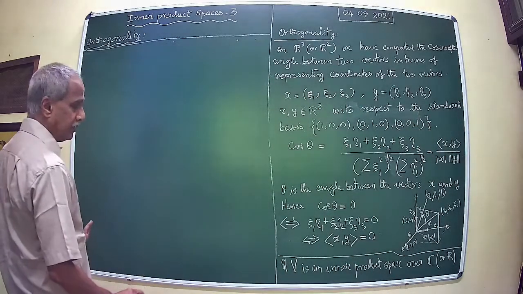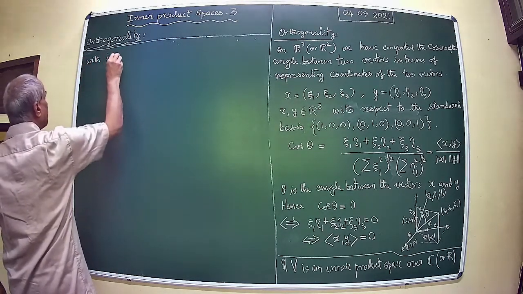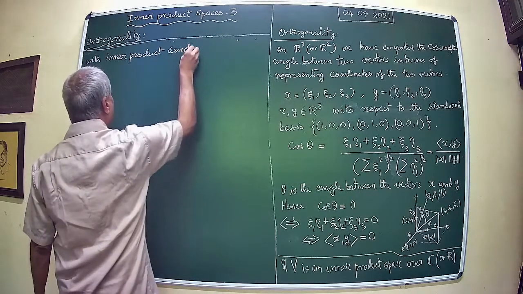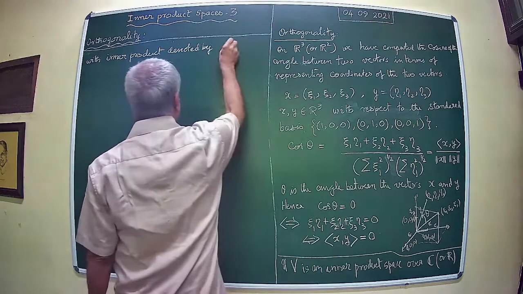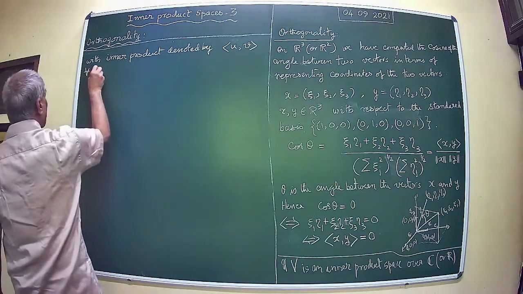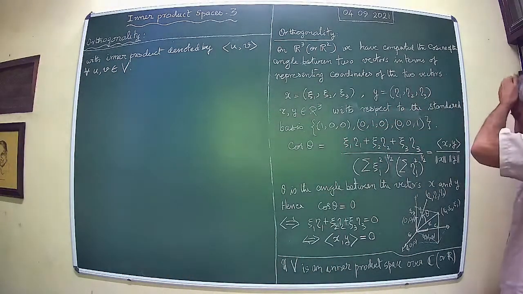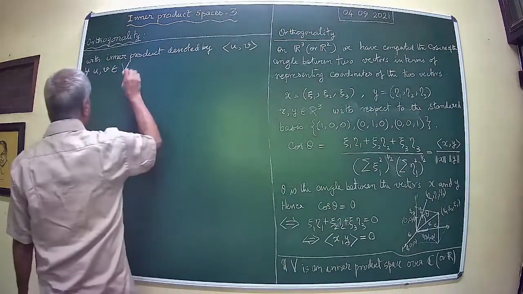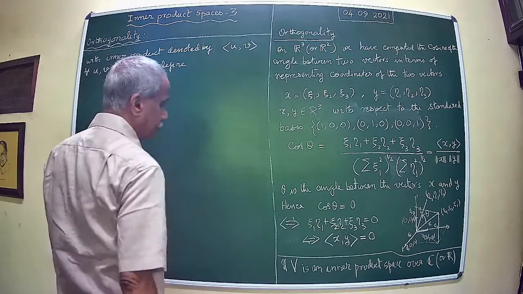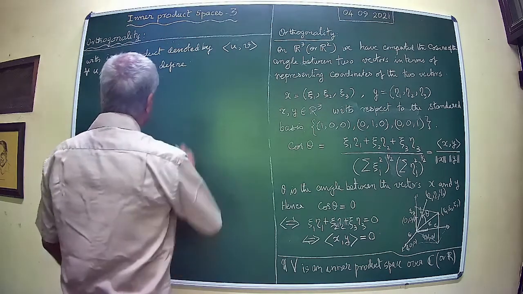So we take V an inner product space over C or R, then define orthogonality as follows.